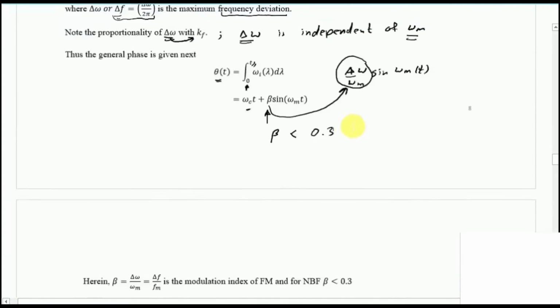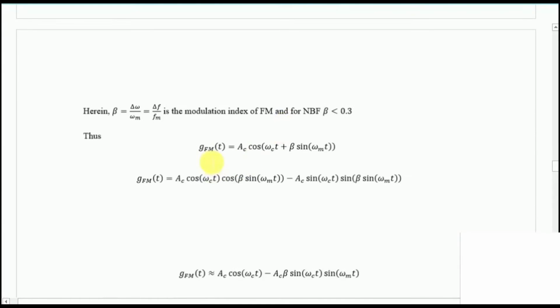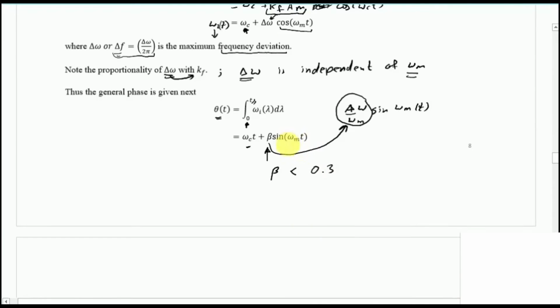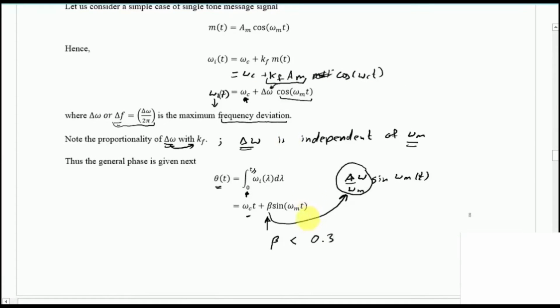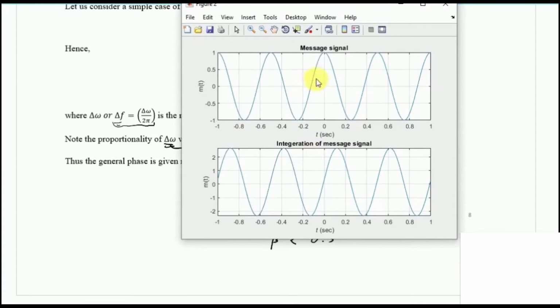With this, we can plug this argument inside a cos function. So our generic FM modulated signal g_FM(t) is A_c cos(omega_c t plus beta sine omega_m t). Previously also I discussed that this is a single tone signal, a cos function.